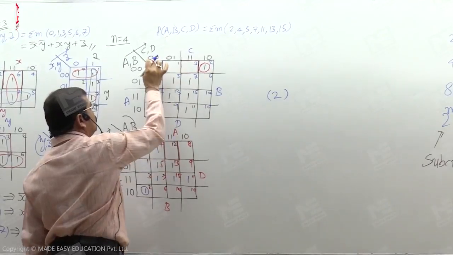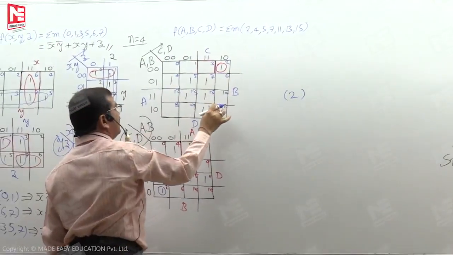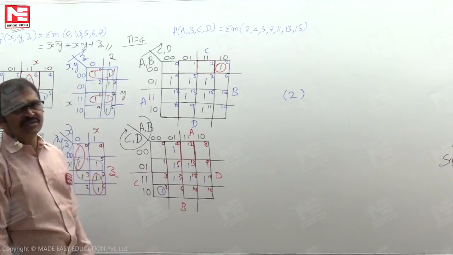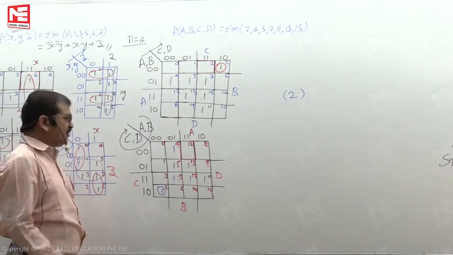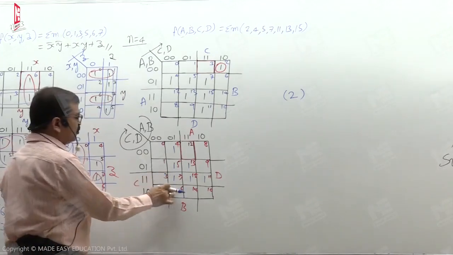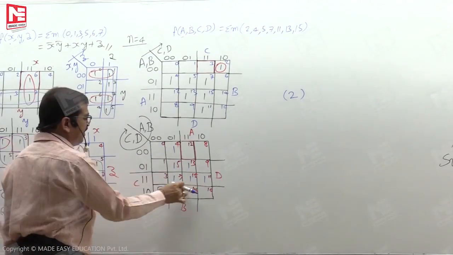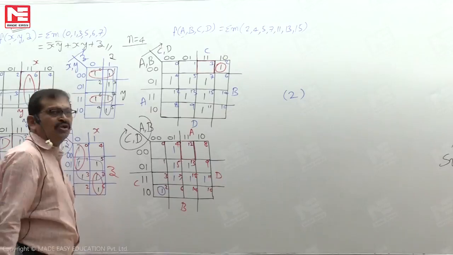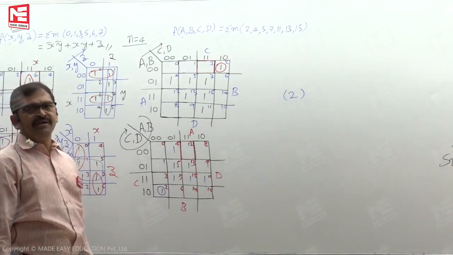But it happens so, this 0, 3, 6 and 10 all are max terms. Whether we are reading from this or from this, same thing. So the cell 2 is an independent cell.